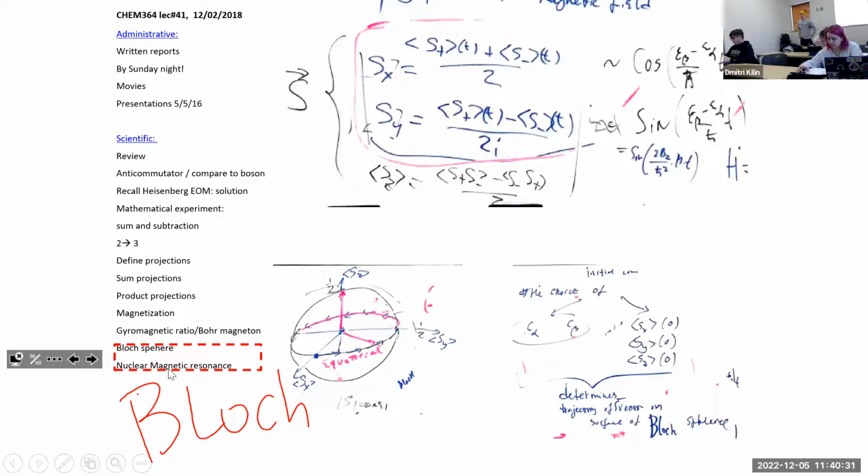For Sz, it will be 0 and it will not change. For Sx, it will be cosine of energy difference times t, for Sy, it will be sine of energy difference times t. And sine and cosine of the same frequency describe circular motion, right?